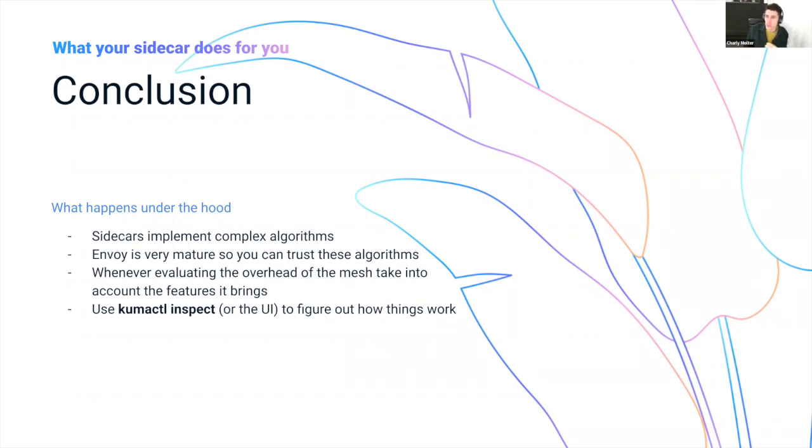You should also consider the time that is saved on your engineers to not have to think about these kinds of things. Also, in the event of outages, how your time to recovery is going to be improved thanks to the usage of a service mesh.